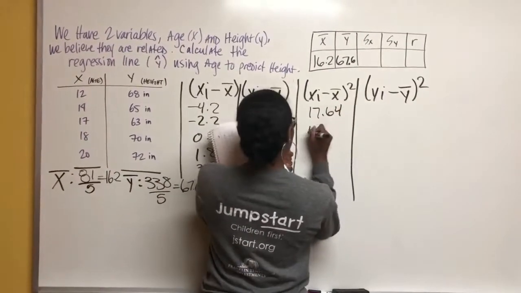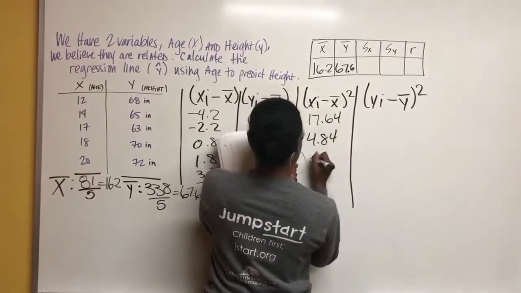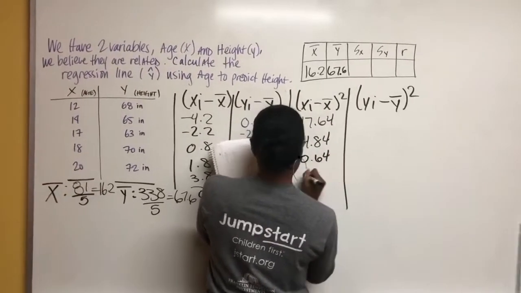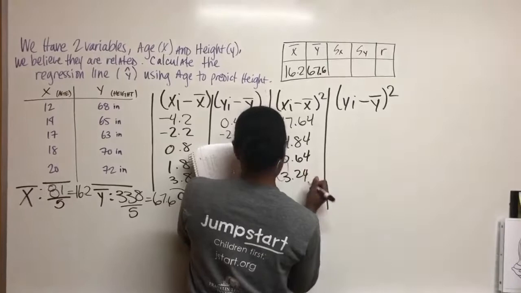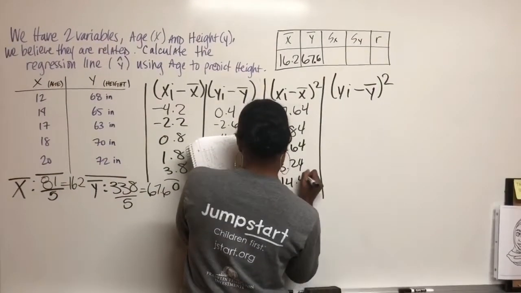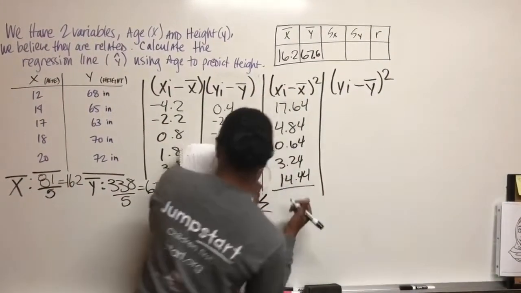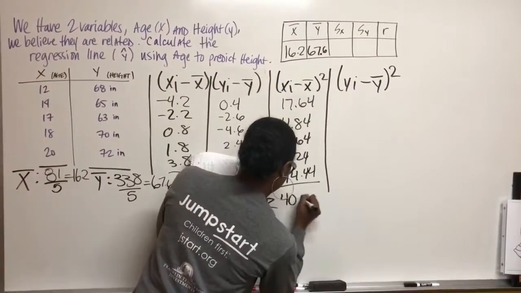So for this column, we get 17.64, 4.84, 0.64, 3.24, 14.44, and our sum for this column is 40.8.